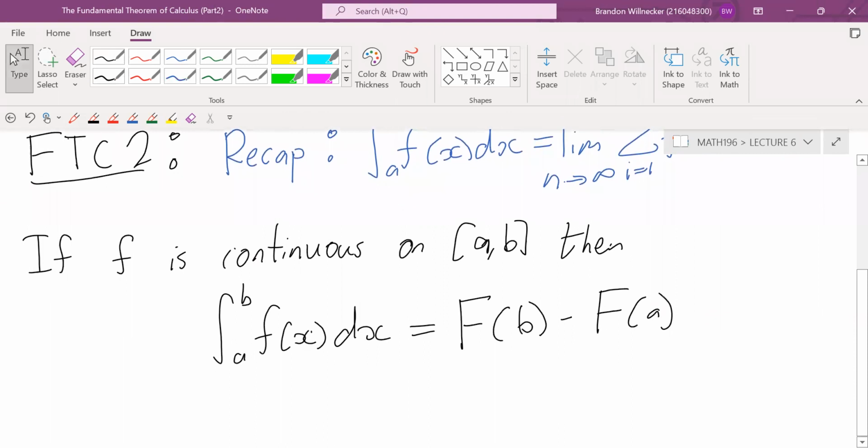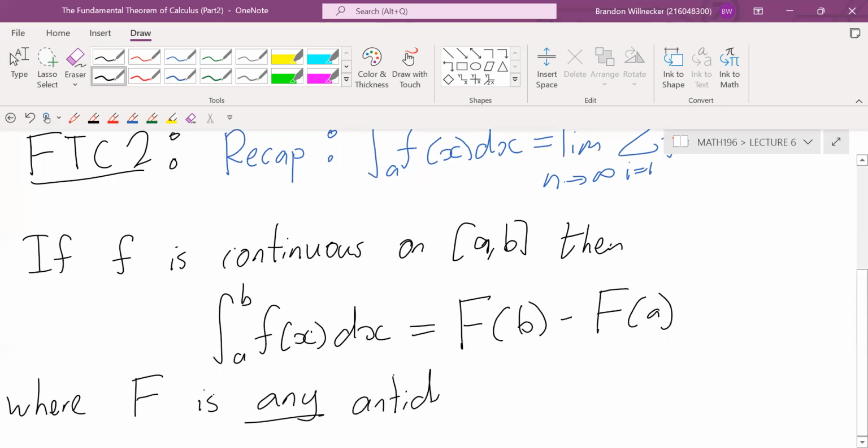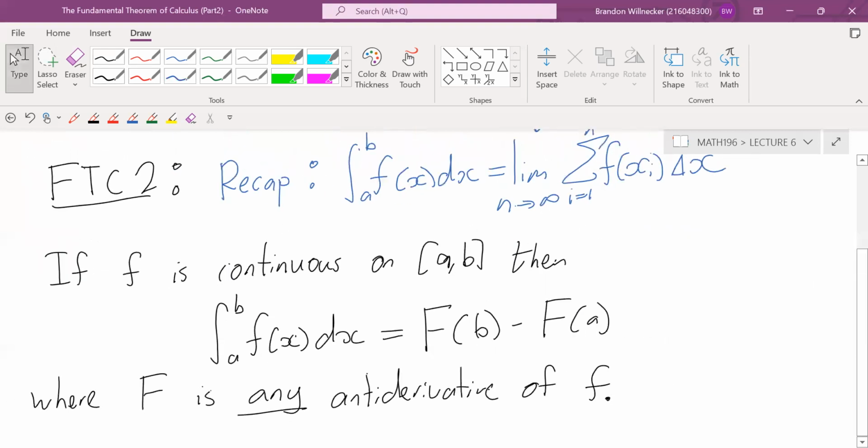Okay, so what is this capital F? Where capital F is any antiderivative of f.